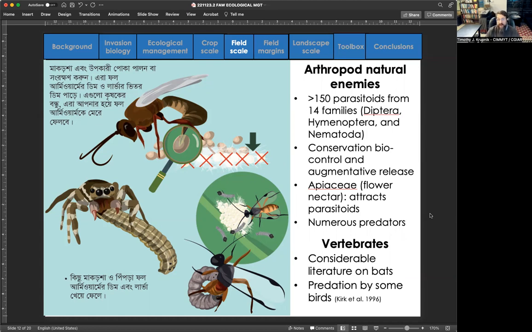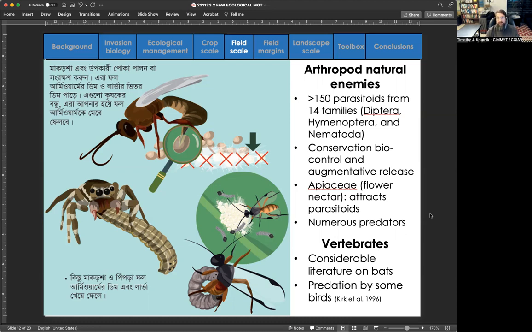Good research has been done to characterize those different species and their population levels in different countries of Asia over the last few years. Also often recommended is the management of field margins and within fields by intercropping or field margin planting of flowering plants that may attract nectar-seeking parasitoids that may also work to control fall armyworm.